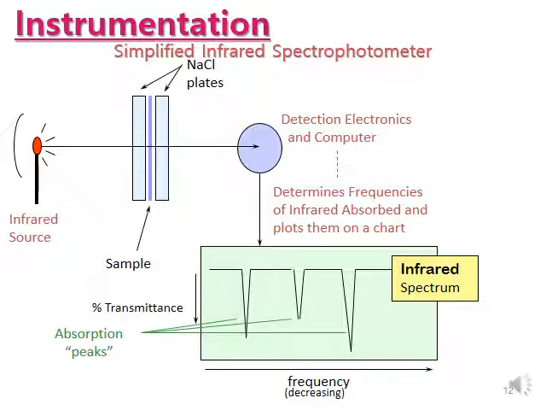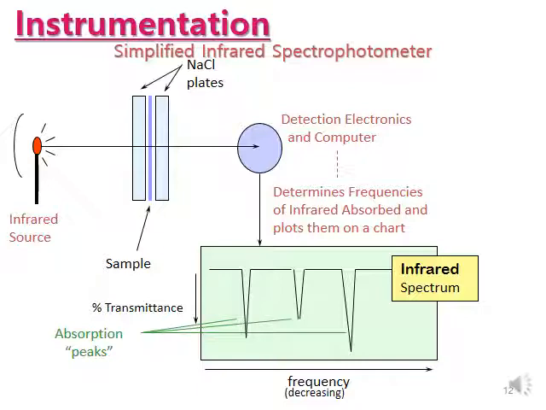Here you can see the infrared source of energy, and here we have the sample, the sample that contains covalent bonds. Here are the sodium chloride plates as the holder of your sample, and after that it passes through the detection and gives a signal, and then we can estimate the frequency on the x-axis and the percent transmittance on the y-axis.